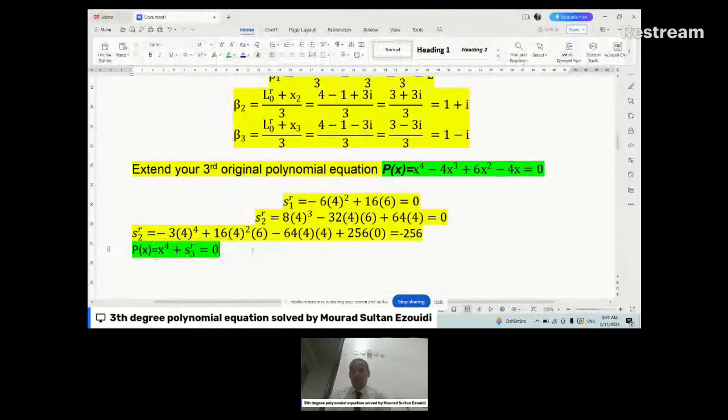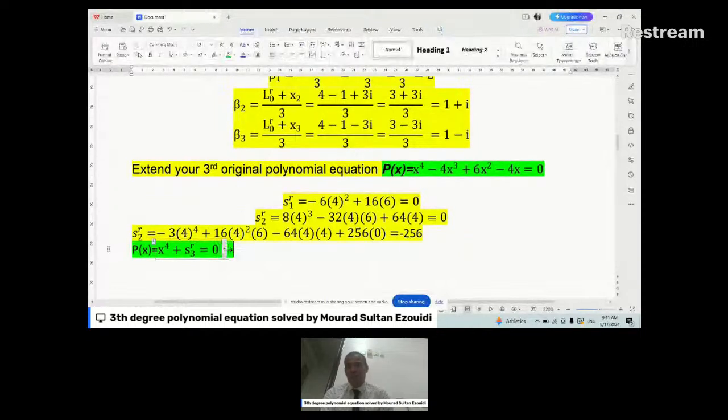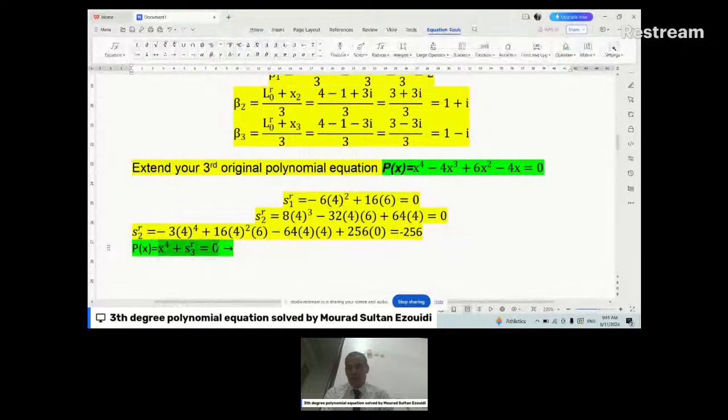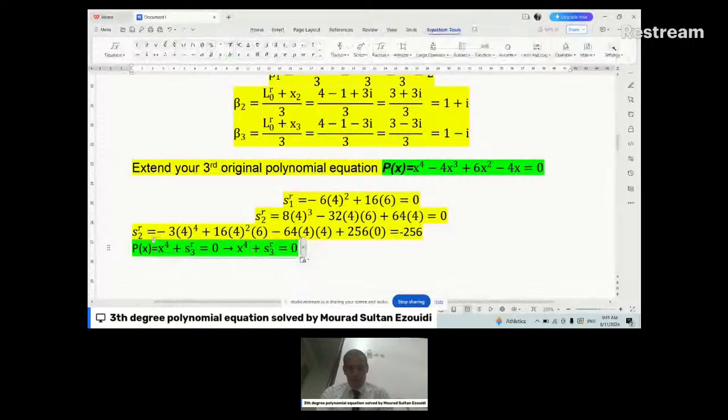So the S4, learners, is what? The S3 is negative 256. This will give me exactly this one. Minus X4 equal negative S3.